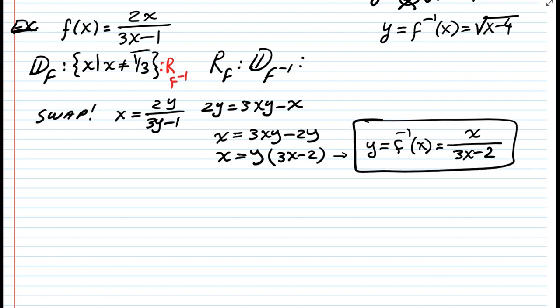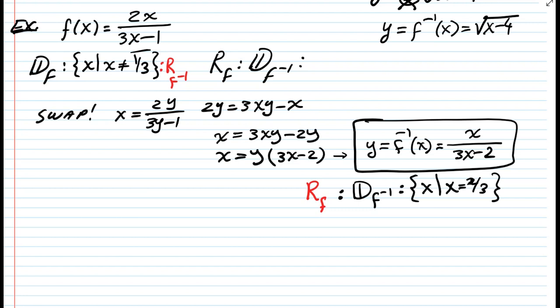Now from this, we know the domain of the inverse function, again, will be all places where the denominator cannot be 0, so x cannot be 2/3. That's what makes the denominator 0. You can set it equal to 0 and solve for x to see for yourself. See, now I can actually do the range of the function. So that is the range of the function, right?